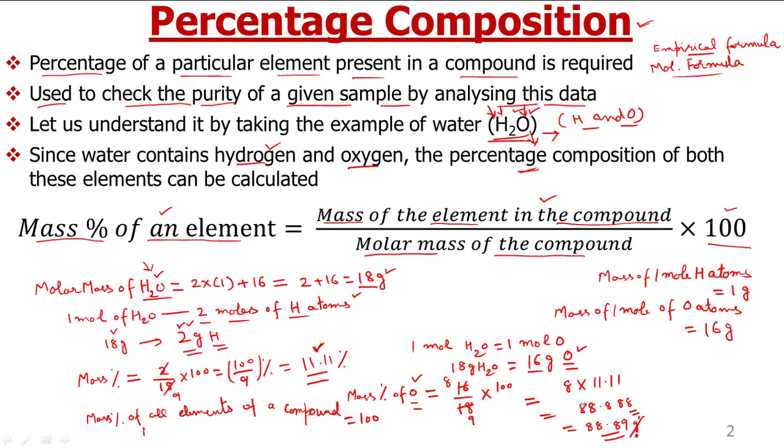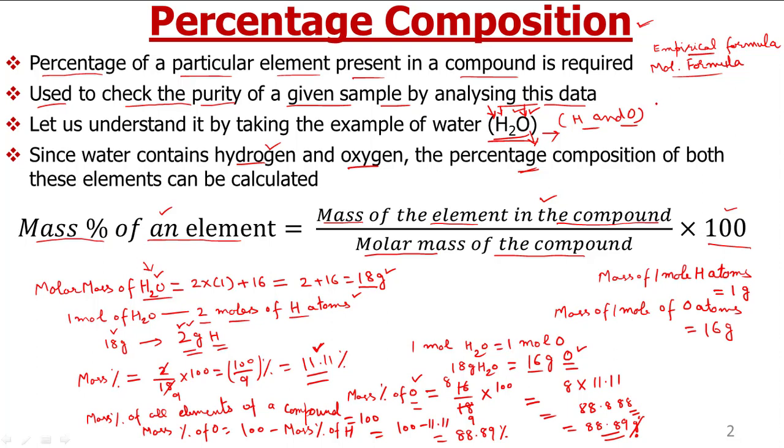So mass percentage of oxygen is equal to 100 minus mass percentage of hydrogen. So it is 100 minus 11.11, which is equal to 88.89%.